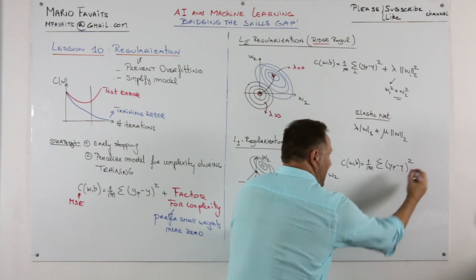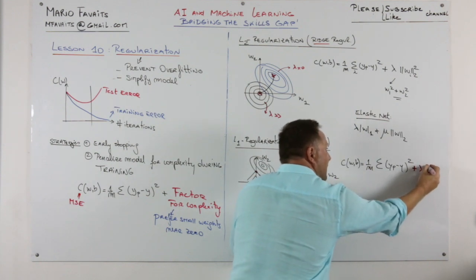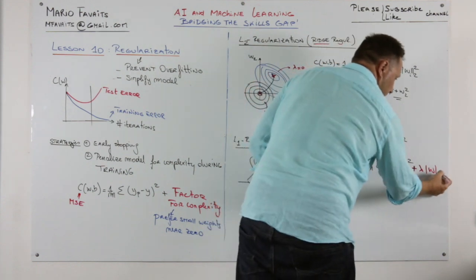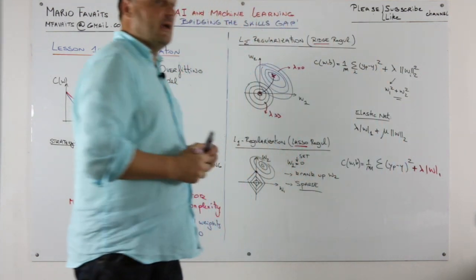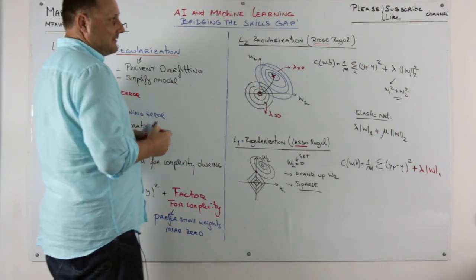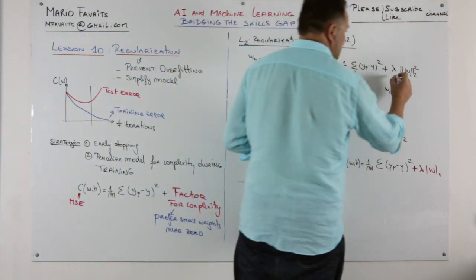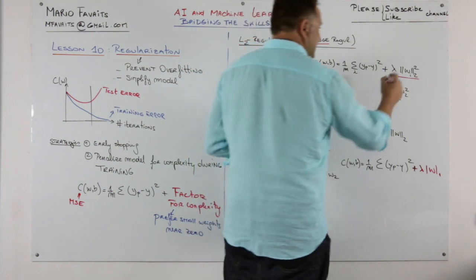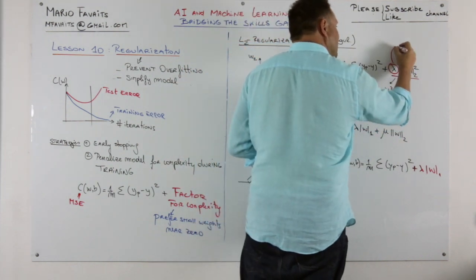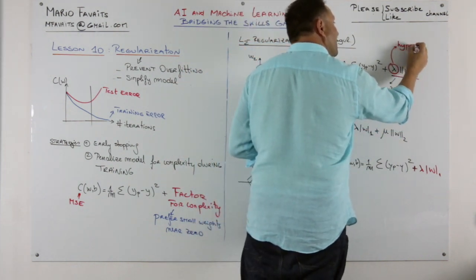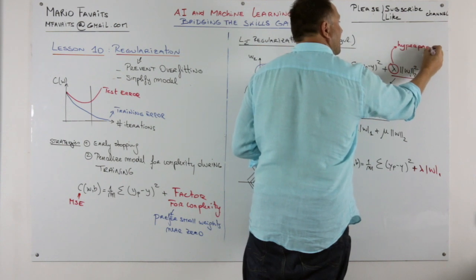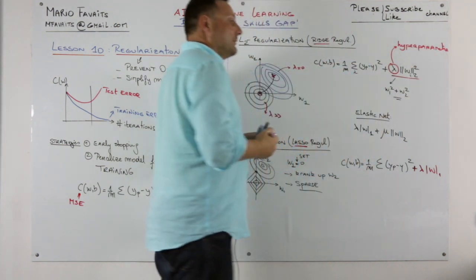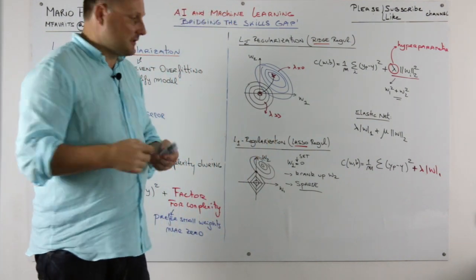Here we're going to add lambda and the L1 norm, instead of the L2 norm. So your lambda here is a hyperparameter. It will need to be something that you select.